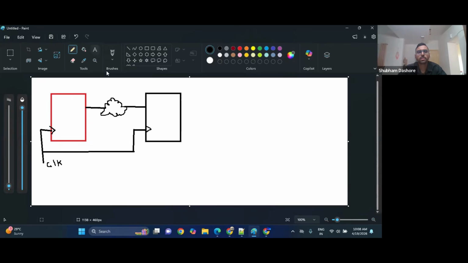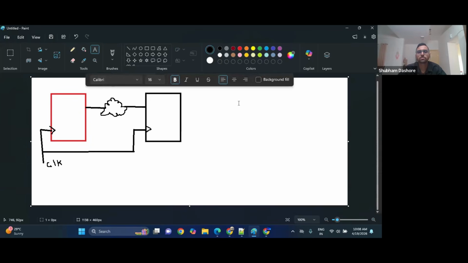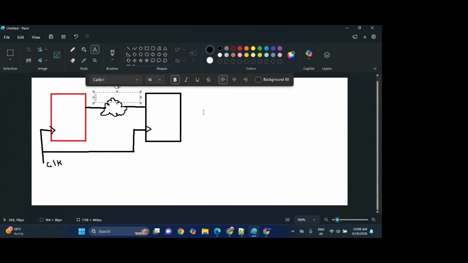This is the critical path, and here we will use a low VT cell.